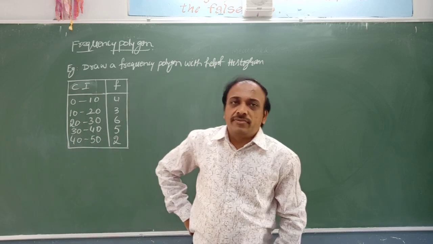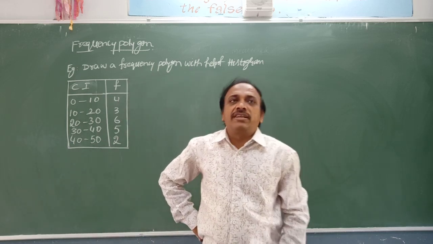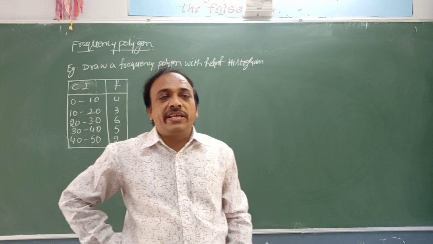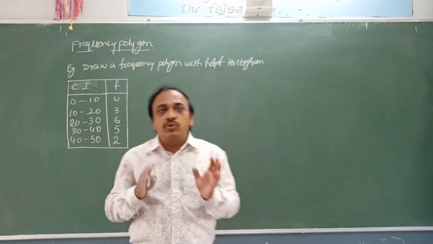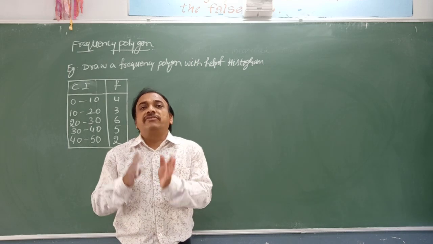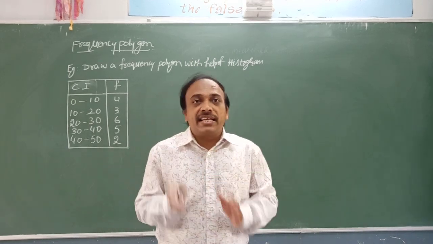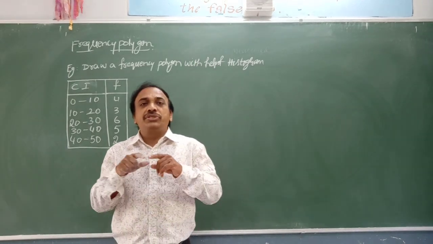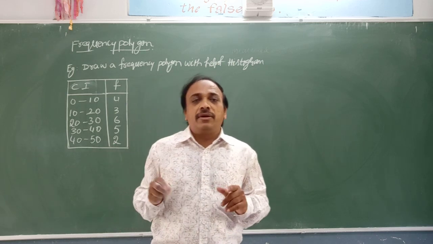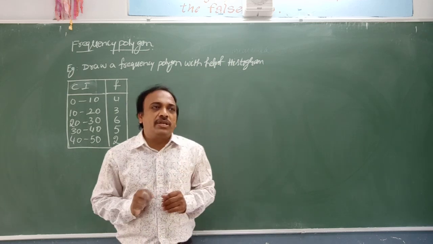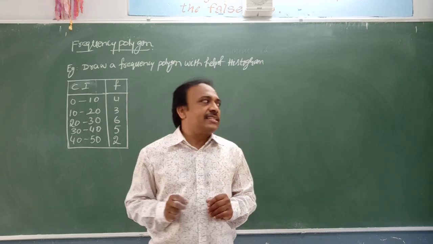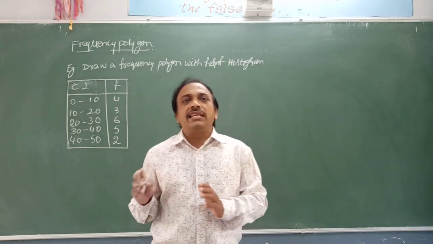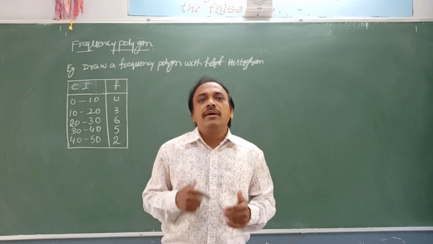Now we are going to see about the frequency polygon. What exactly is a frequency polygon? By using the given information with the frequencies on the graph, we are going to make a frequency polygon. What exactly is a polygon? A closed figure with a number of sides is called a polygon.